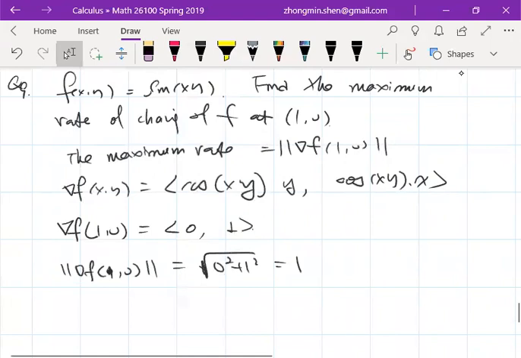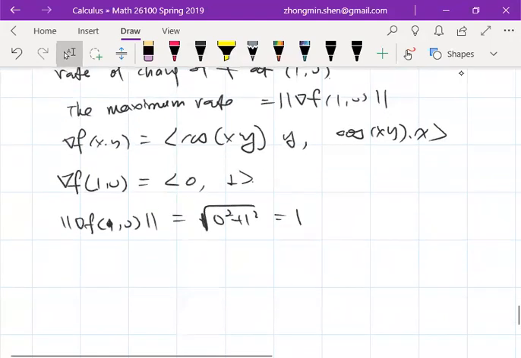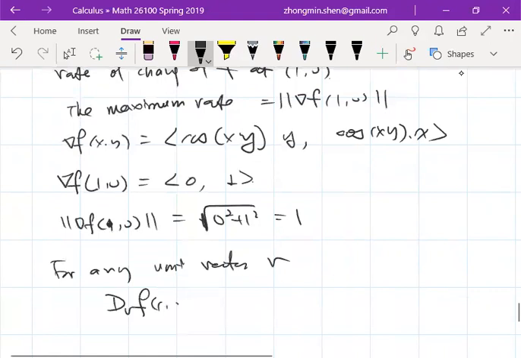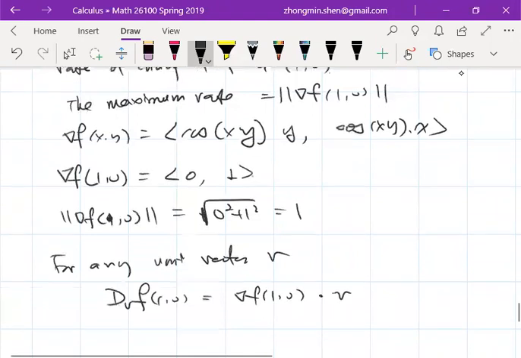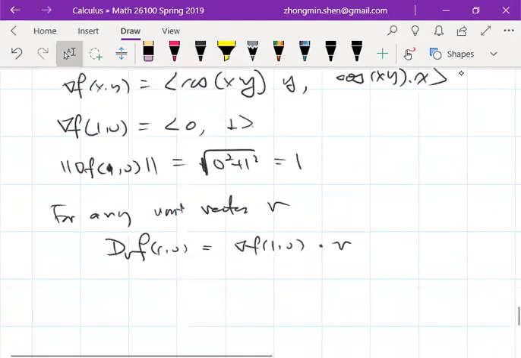Now the true idea is why it's called the maximum rate of change. For any unit vector v, the directional derivative D_v f at (1, 0) is the dot product of the gradient and v. That is the rate of change of the function at the point in the direction v.